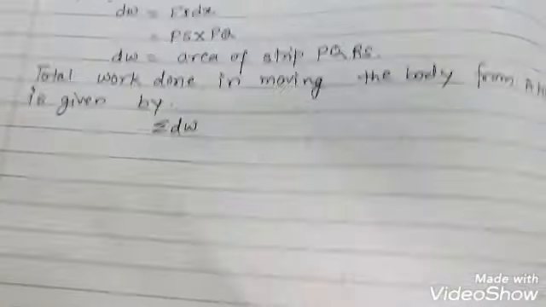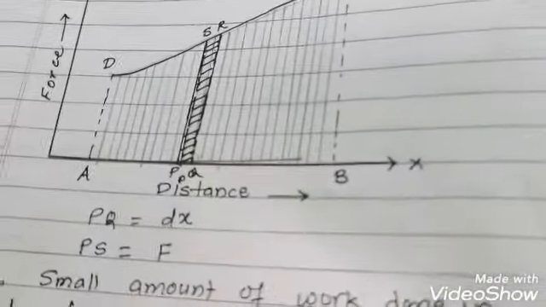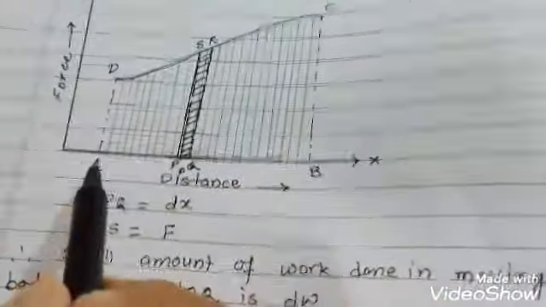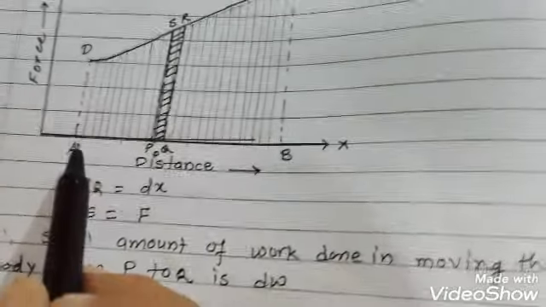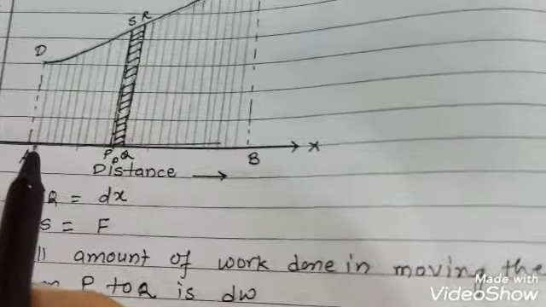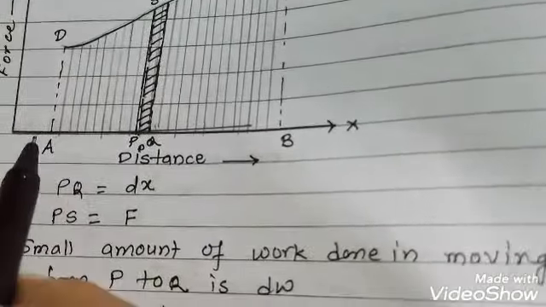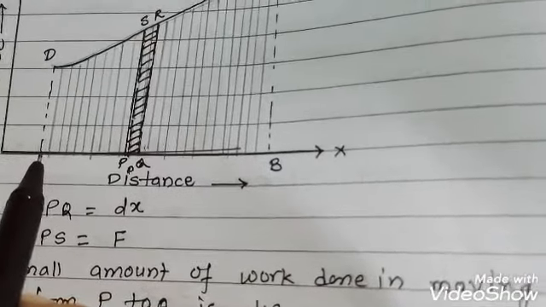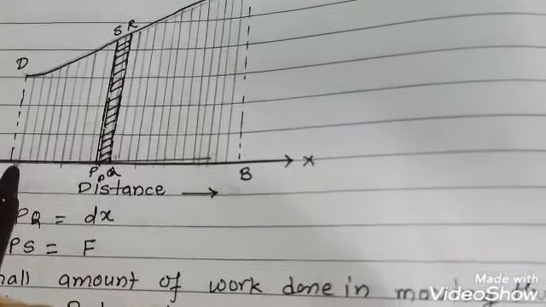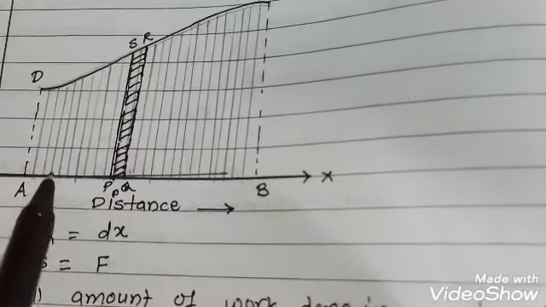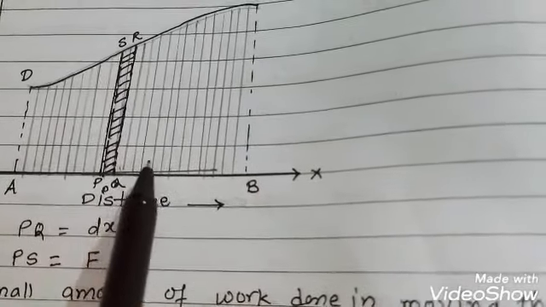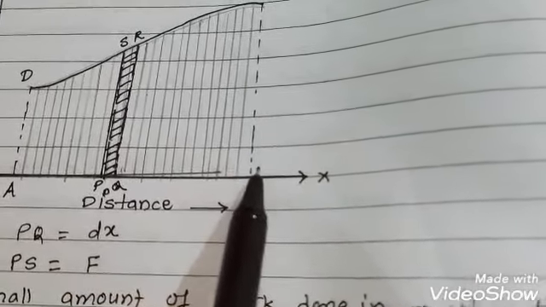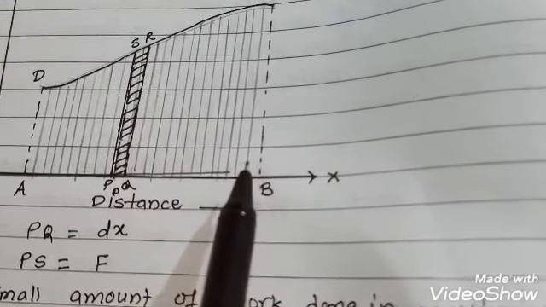If you see the figure, this is the first rectangular strip. The work done to move the object from this point to this point, plus the work done from this point to this point, and so on. All the work done we will calculate for the small displacements and sum it.